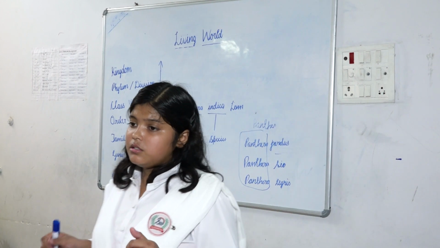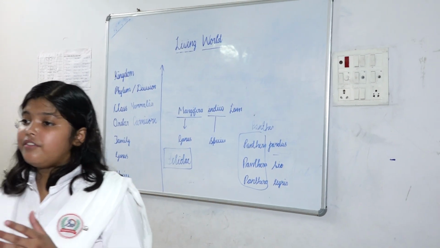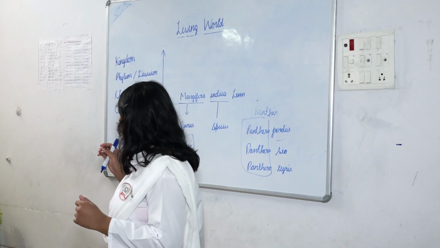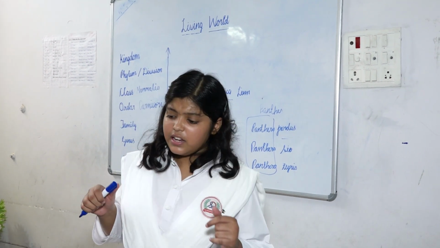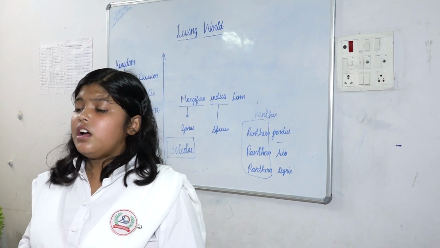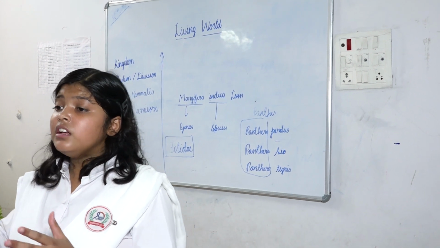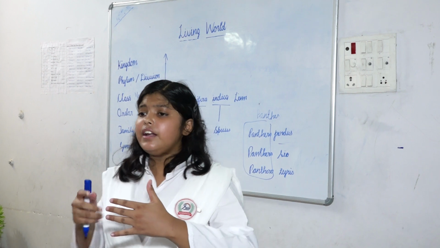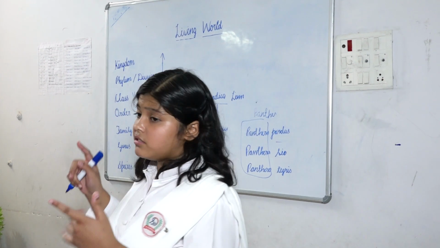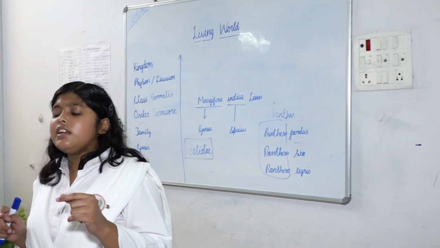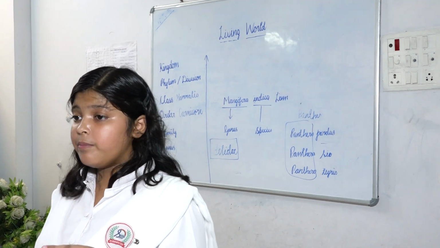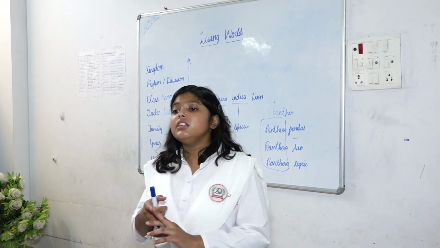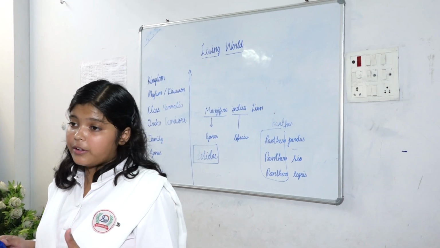If I talk about the phylum, you can see that in phylum we talk about animals. If I compare these animals, tiger, panther, lion, you can see a similar character, that is the notochord. In these animals the notochord is present, and the hollow dorsal neural system.